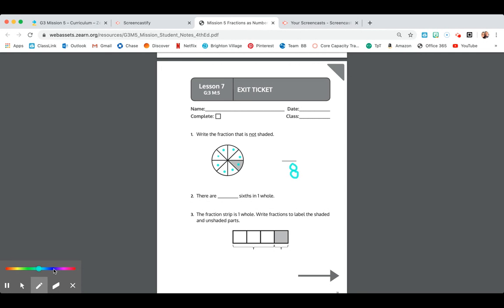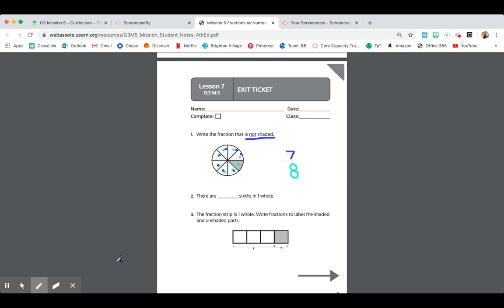How many of those 8 pieces are shaded? 1. But the question asked me not shaded. So 1, 2, 3, 4, 5, 6, 7 are not shaded. 7/8 is not shaded in the fraction below.